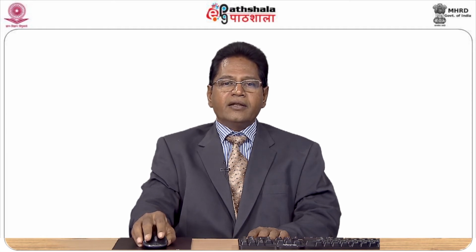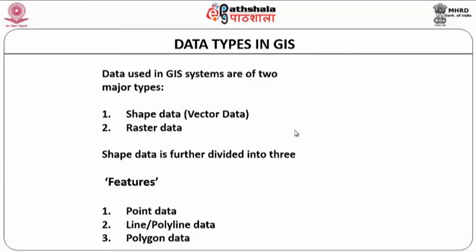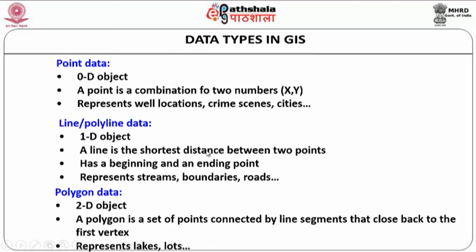It could be point data, line data, or area data. This we have seen in detail many times. We otherwise call them features. So all the data in the form of vector data or shape data are otherwise called features. It could be point data, line data, or polygon data.